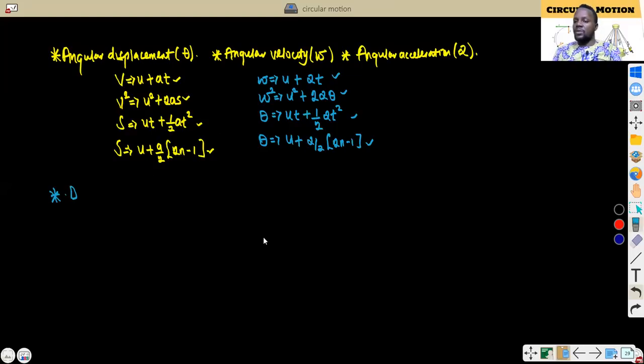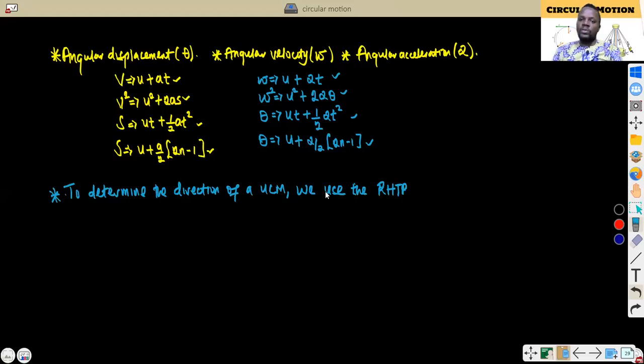We can write a note as well that to determine the direction of a uniform circular motion, we use the right hand thumb rule.